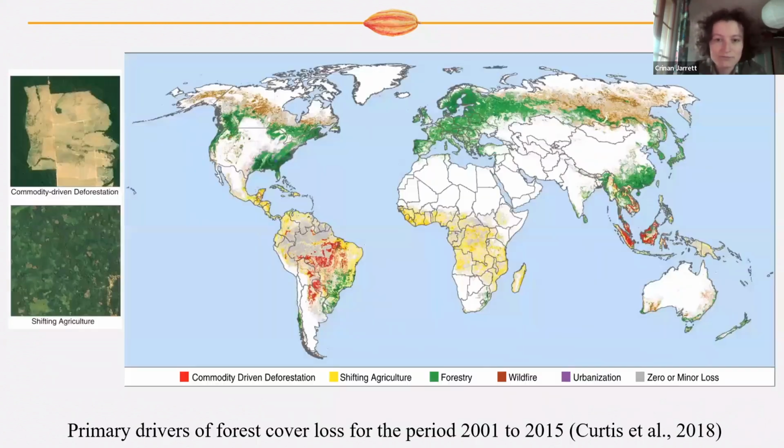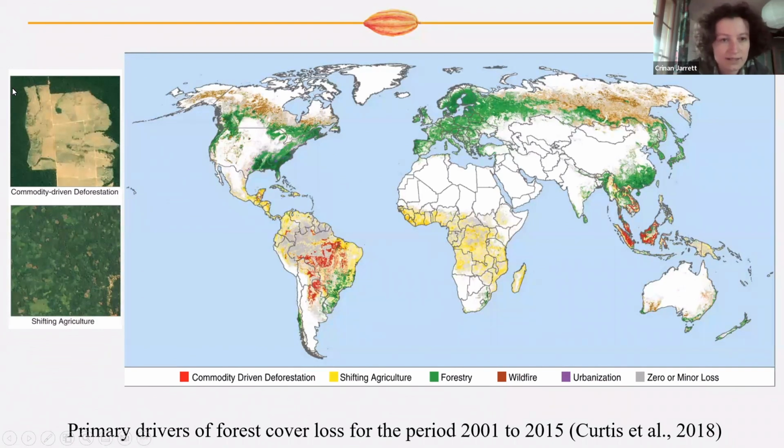However, tropical rainforests are under constant threat and are being constantly degraded and deforested. And this map here shows the primary drivers of deforestation across the world in the past few decades. The thing I want to draw your attention to is that in the neotropics and in Southeast Asia, we have this red color dominating.